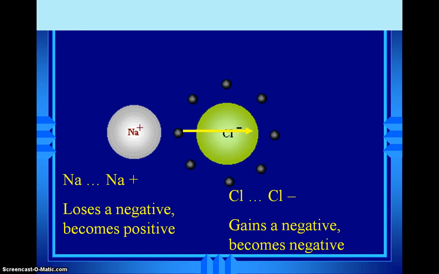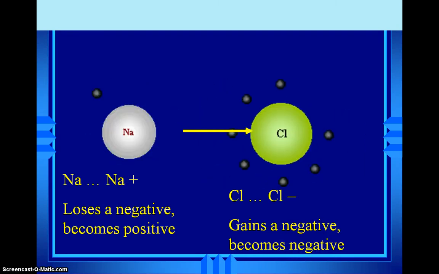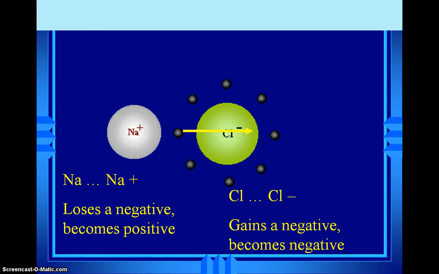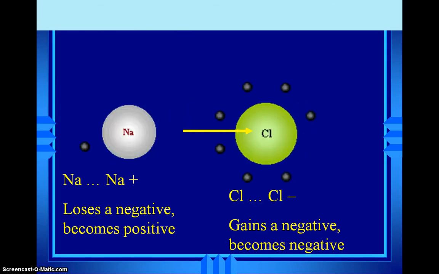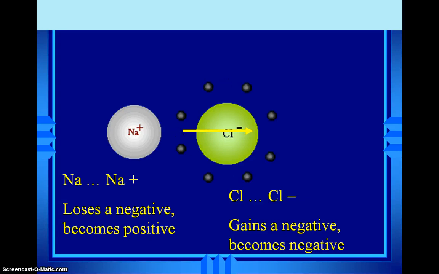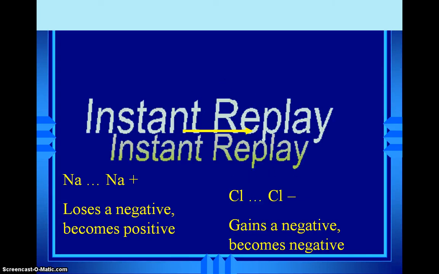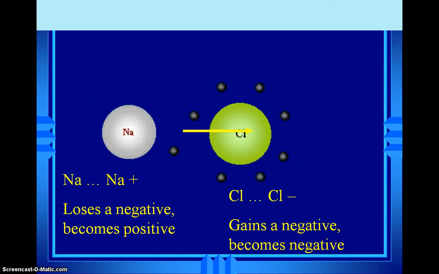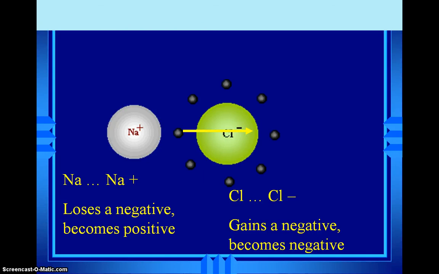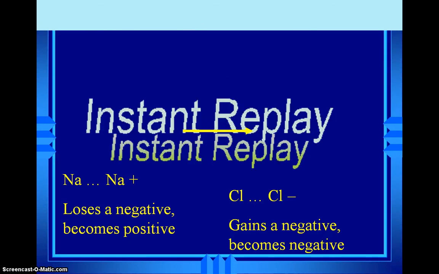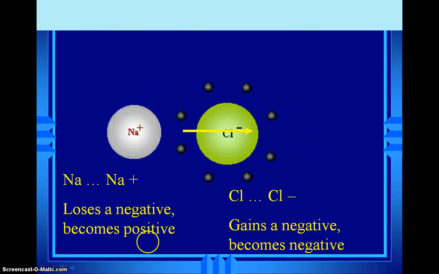Now, as sodium loses an electron, it loses a negative charge, so it becomes positive, because originally it had 11 protons and 11 electrons. When it gives up an electron, now it has 11 positive protons and only 10 negative electrons, so it has a net positive charge.